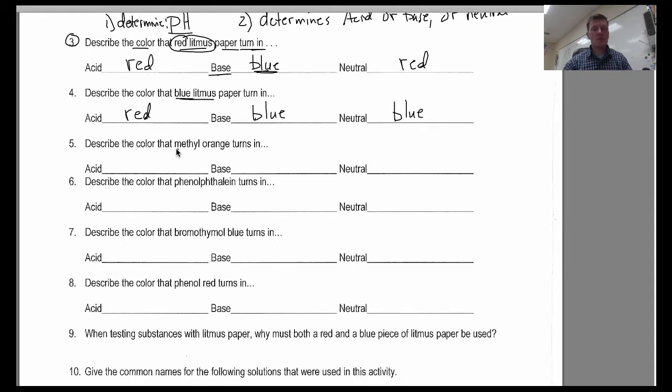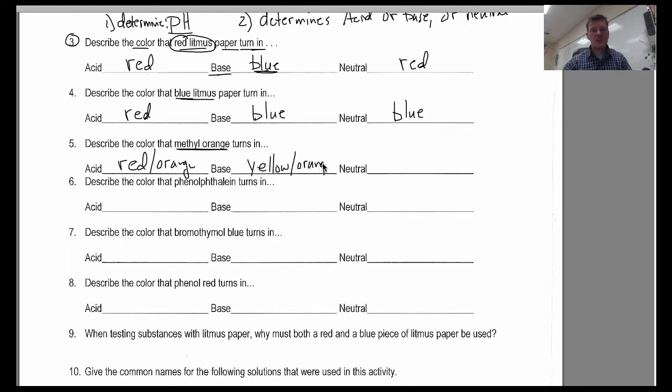Methyl orange, when you put this solution indicator in an acid, it turned somewhat of a reddish color, or maybe red-orange. And for the base, it was more of a yellow-orange.